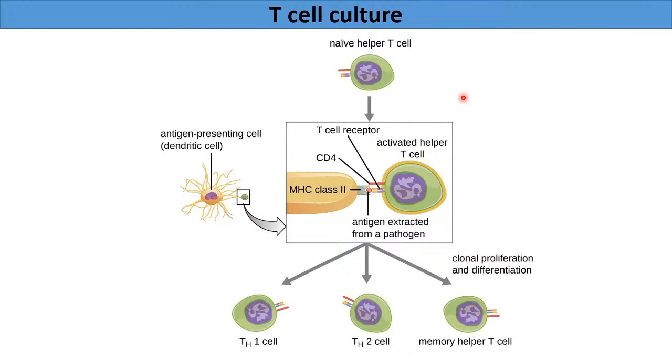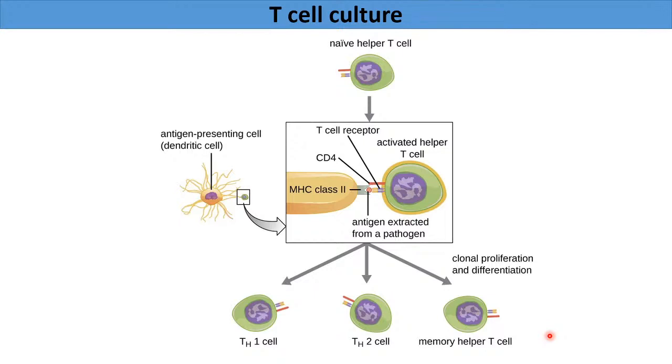Now, imagine I am having a T cell and in the culture I want to convert them into helper T cell like Th1, Th2, memory helper T cell. So how do I do that? Then again I ask the question to a naive T cell that, ma'am, I am giving you CD3 TCR signal by artificial method.